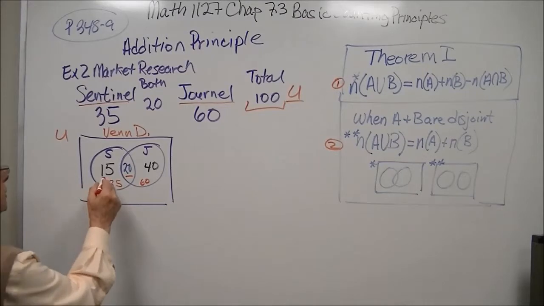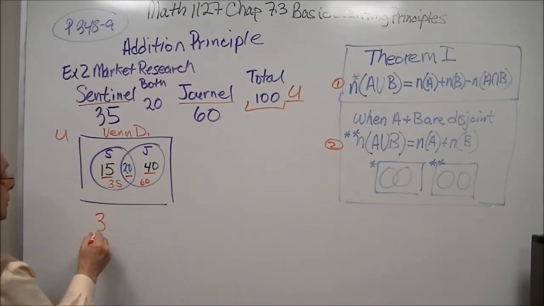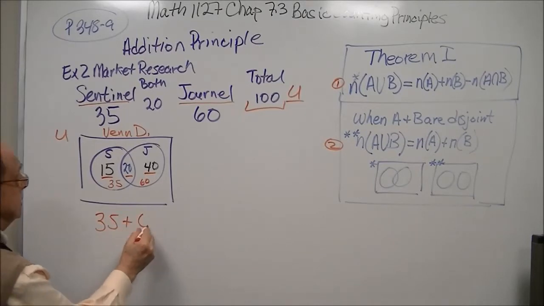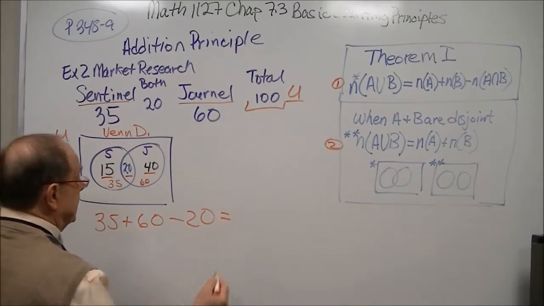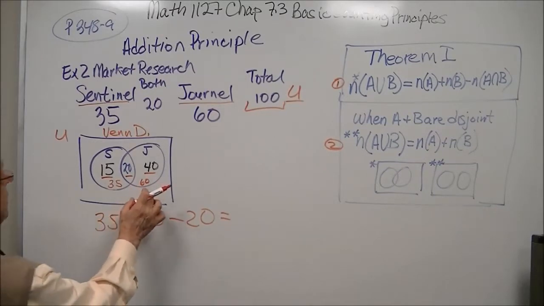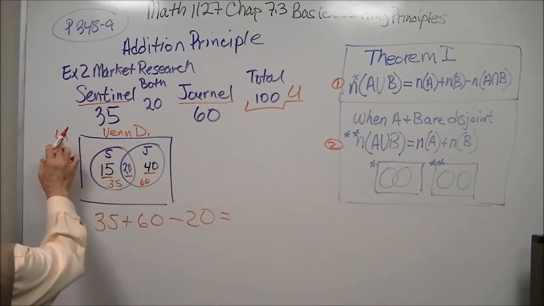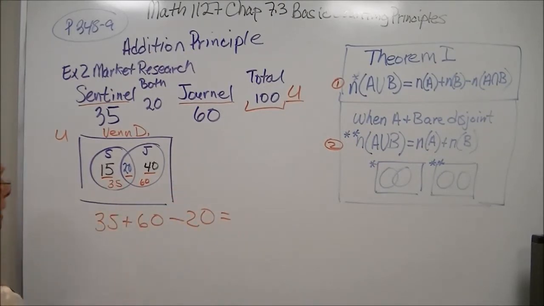So basically, you could just add these three numbers together, or add the 35 plus 60, and then subtract the 20. Now, the big question is, of our 100, how many don't read at all?